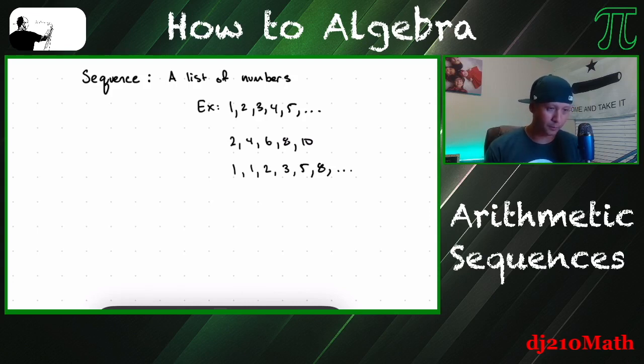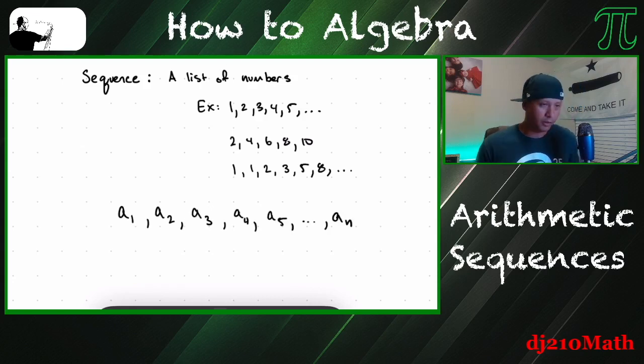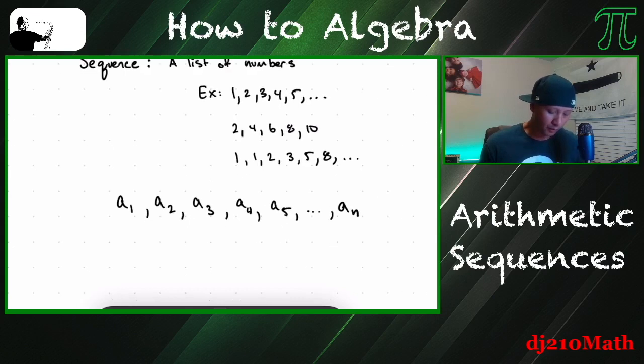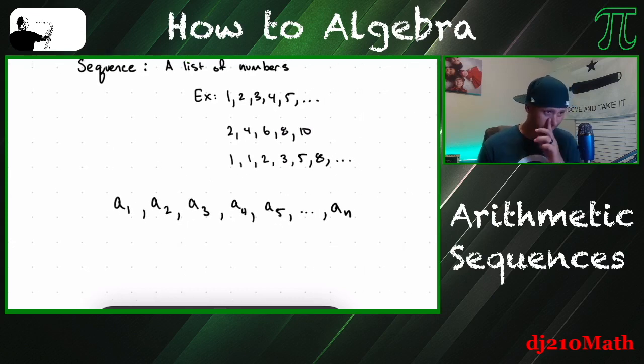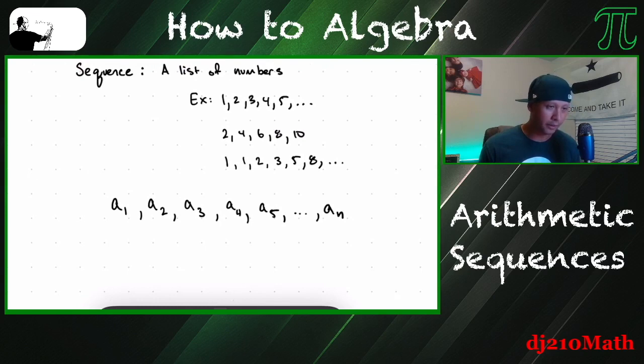All right, so more specifically, and in general, a sequence is going to look like this. Remember, a sequence is just a list of numbers. So here's a list. This is how you're going to see it.